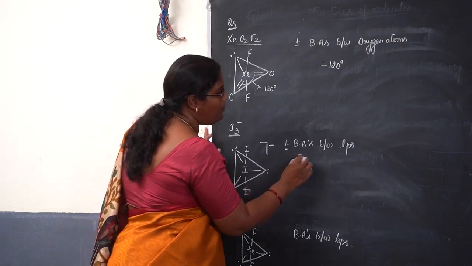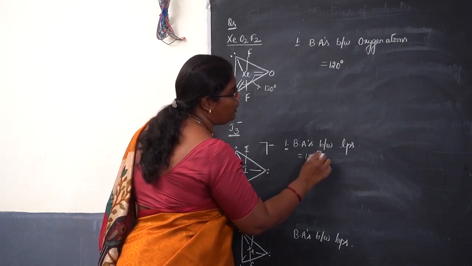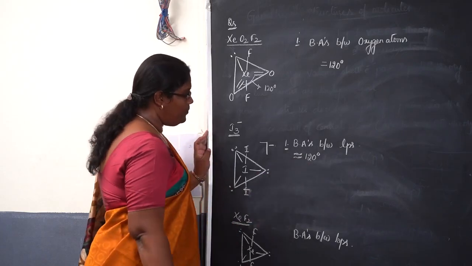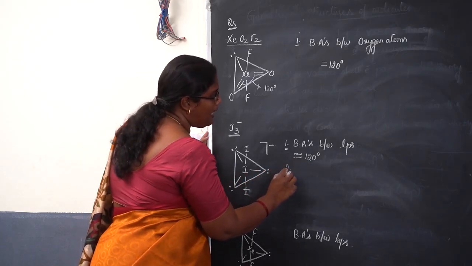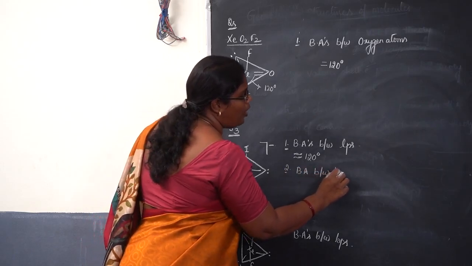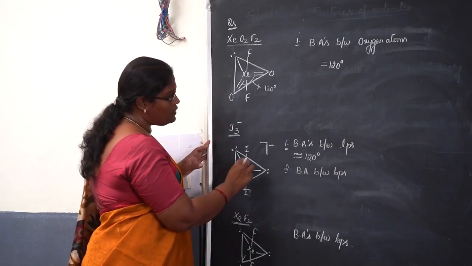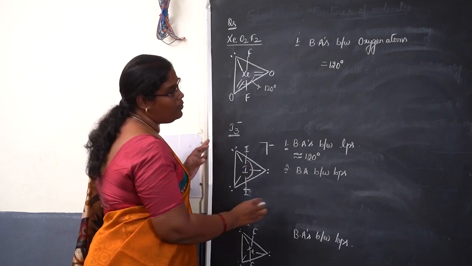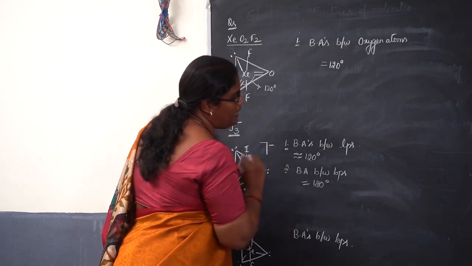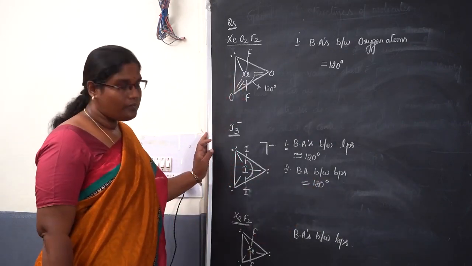Therefore, the approximate bond angle is 120 degrees. And what will be the bond angle between bonded pairs? We have the bonded pairs only in apical positions. Therefore, the bond angle will be around 180 degrees.